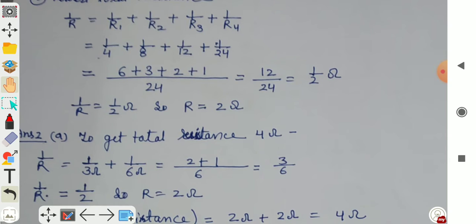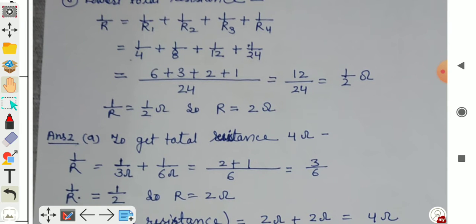In this case, we have to take the LCM of 4, 8, 12 and 24. The LCM is 24. So you add as you add in mathematics, and 1 upon R is 1 upon 2 ohm, so R will be 2 ohm. So your answer: the lowest resistance will be 2 ohm and the highest resistance will be 48 ohm.